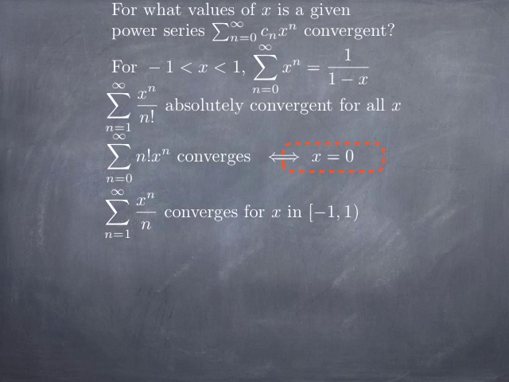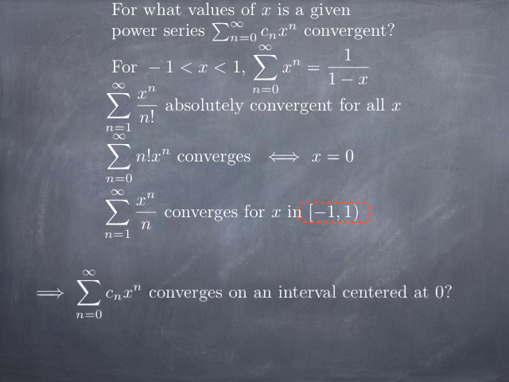Something that we can think of as an interval centered at the origin, but reduced to simply the origin. Or an interval centered at the origin, where we may or may not include the endpoints. So it looks like maybe such power series converge on an interval centered at the origin.